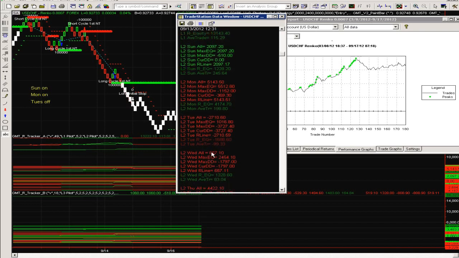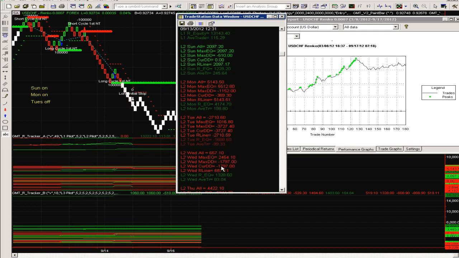Wednesday, sitting at $657. The current drawdown is $17.97. Are we trading? Now obviously this thing's turned off because it's got an average trade net profit once the circuit breaker has kicked in. But is this thing on or off at the moment based on the current drawdown?